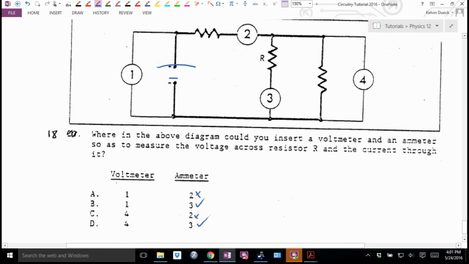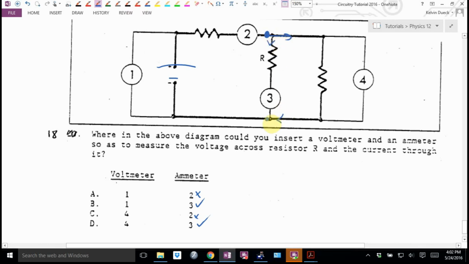Voltmeter is always placed across 2 areas because you're measuring a height. So which of those, 1 or 4, would measure the height, the change in voltage running through resistor R? 1. Let's look right here, okay? We split up.